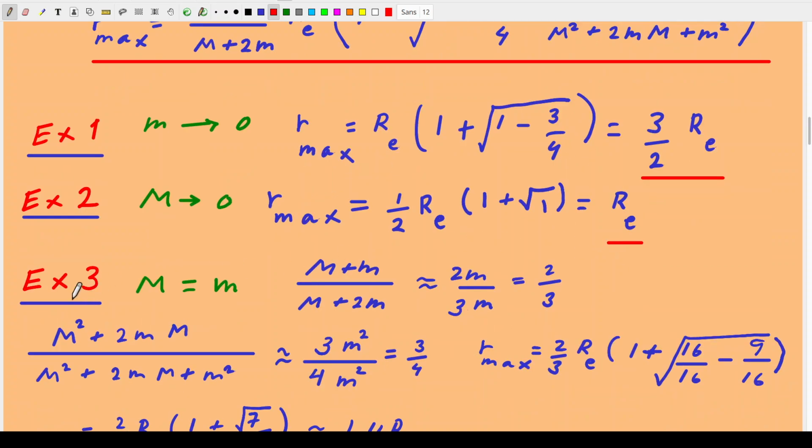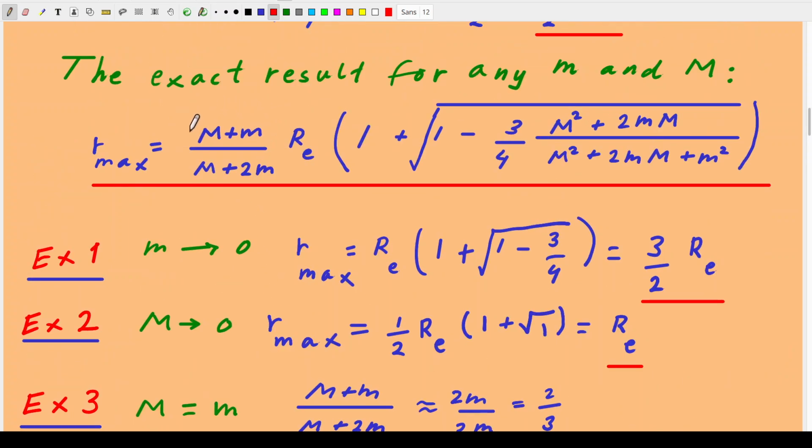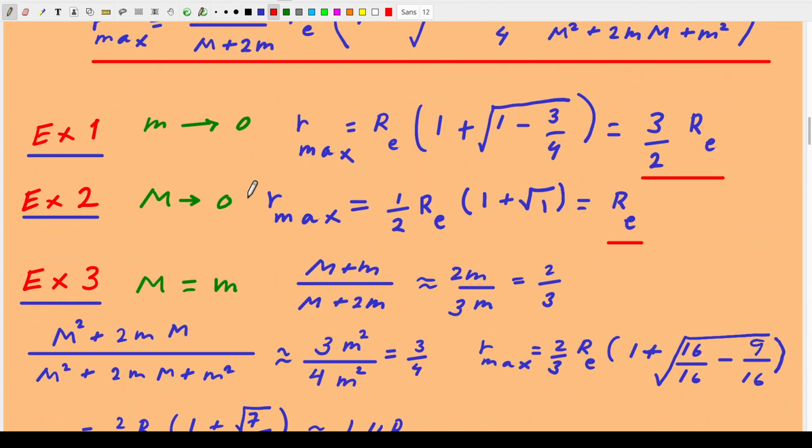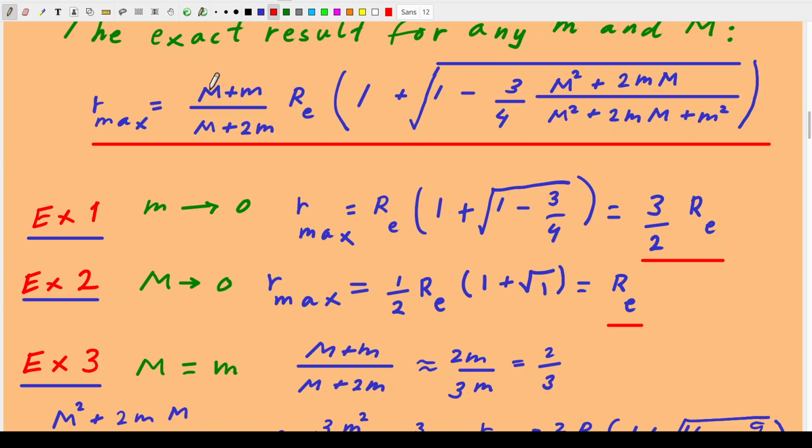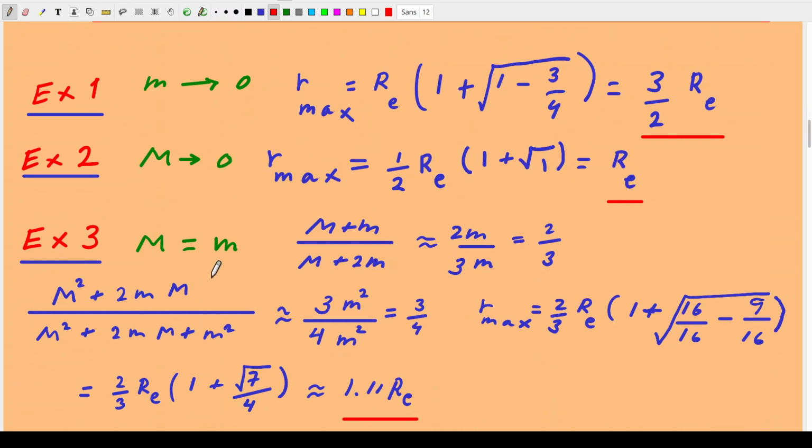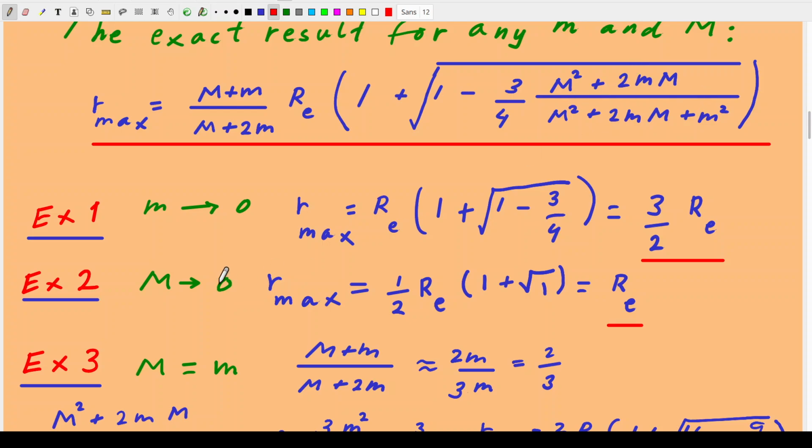And just for fun, let's consider if the Earth mass and projectile mass are equal. So what can that factor here then be? Okay, so that we can write as 2m over 3m, so that's 2/3. Okay, so it's 2/3 here. Then you have this complicated one here.